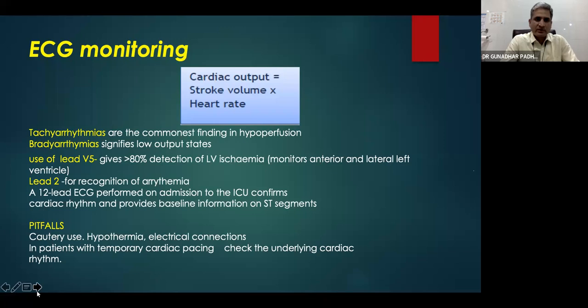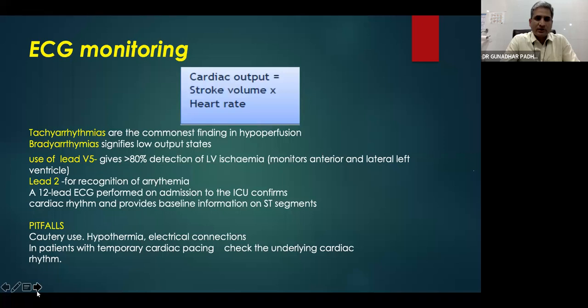The lead V5 ECG gives more than 80% detection of left ventricular ischemia if such ischemia exists. So always monitor lead V5 in your patients, and always monitor lead 2 for different kinds of arrhythmias. Always take a 12 lead ECG, because this is one of the vitals.